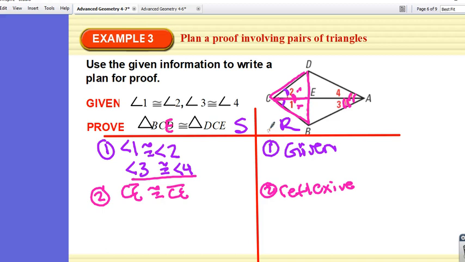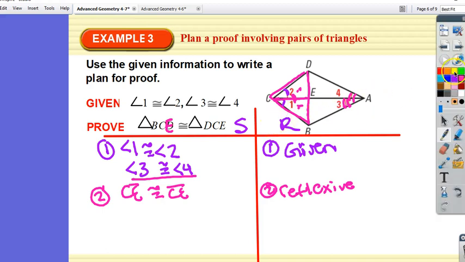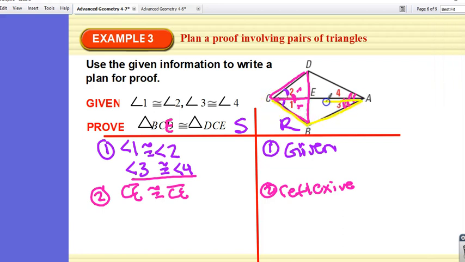So the only thing that we can do is look at other stuff. So let's look at this triangle here versus this triangle up here, right? So they have angle, angle. Do you guys see this here is reflexive? So CA is congruent to CA. Reflexive.